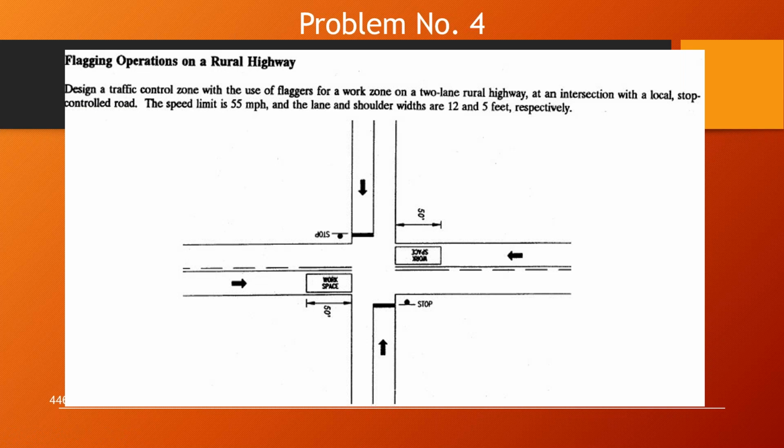Lane and shoulder widths are 12 and 5 feet respectively. So again, the first question in any work zone design is which typical application do we use as the basis for our work zone design? So I want you to give me that answer first.